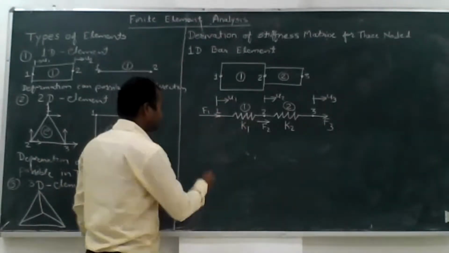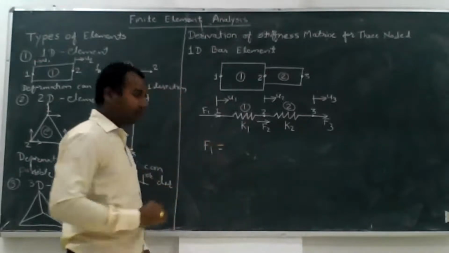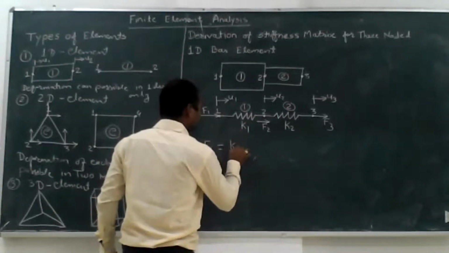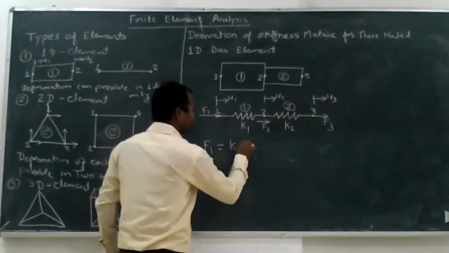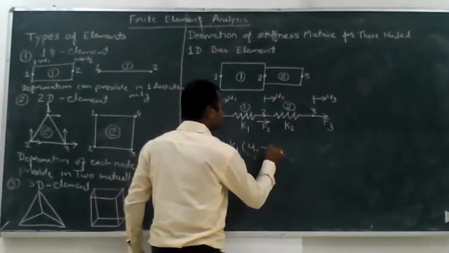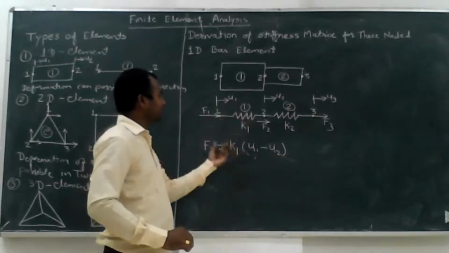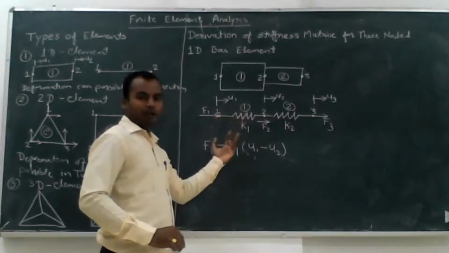First I write the equation for F1. It is K1 into U1 minus U2. It's a simple term: as we are talking about node number 1, it is relevant to element number 1 only.